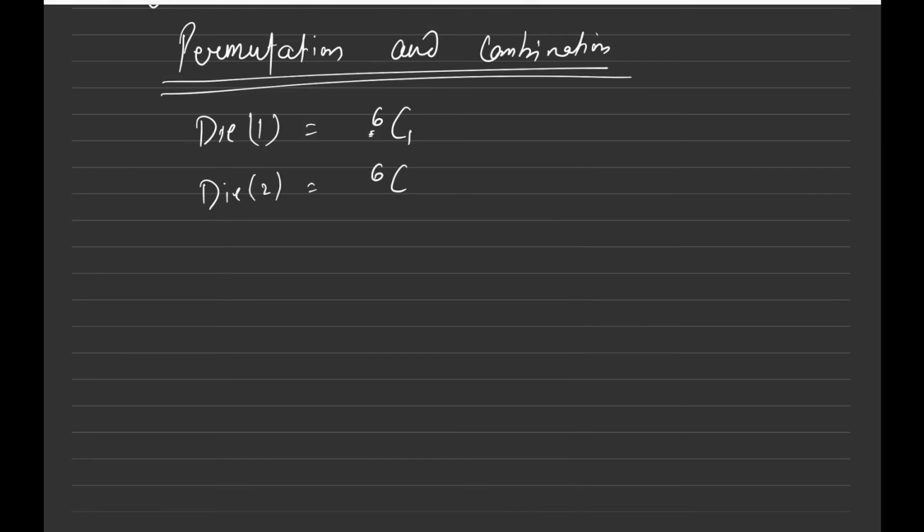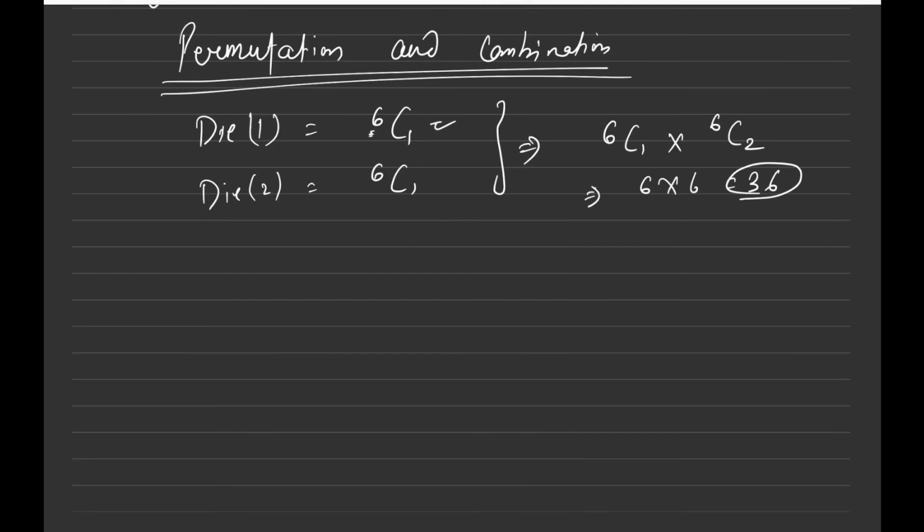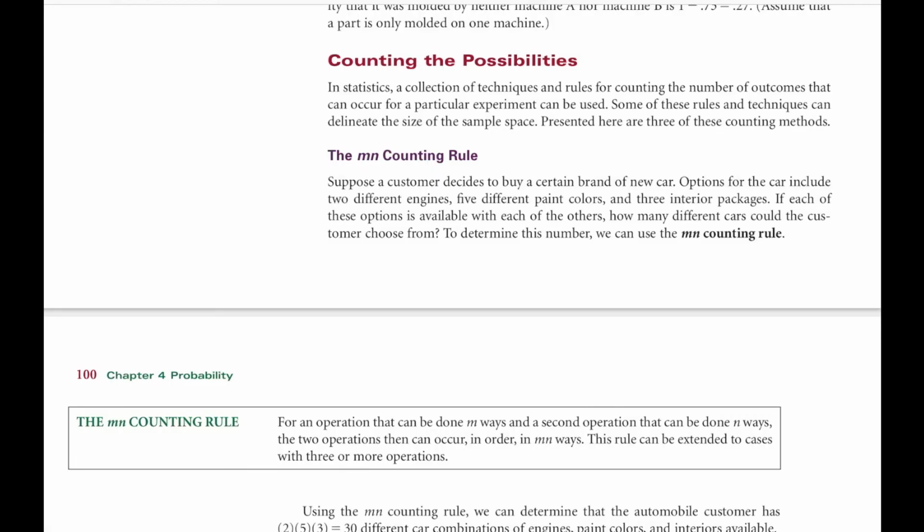Similarly, if you roll die 2, the possible outcome is 6C1. So together there will be 6C1 into 6C1, that means 6 into 6, 36. That's how you calculate the events, right?